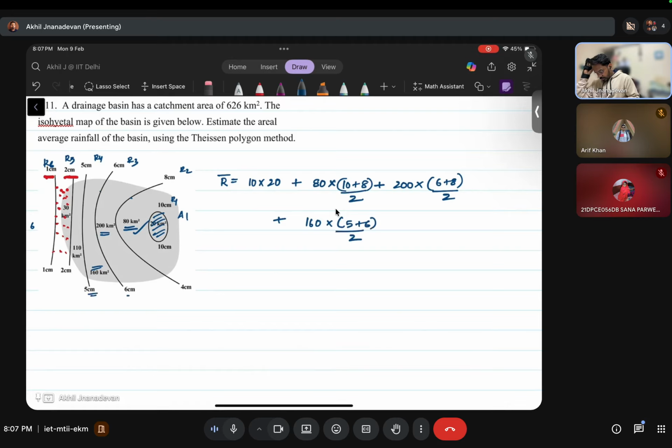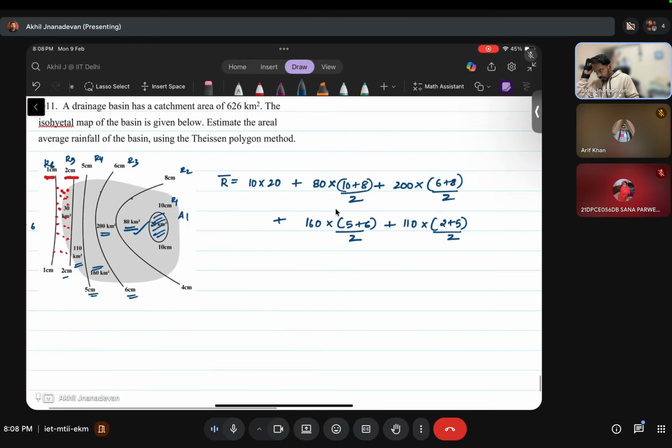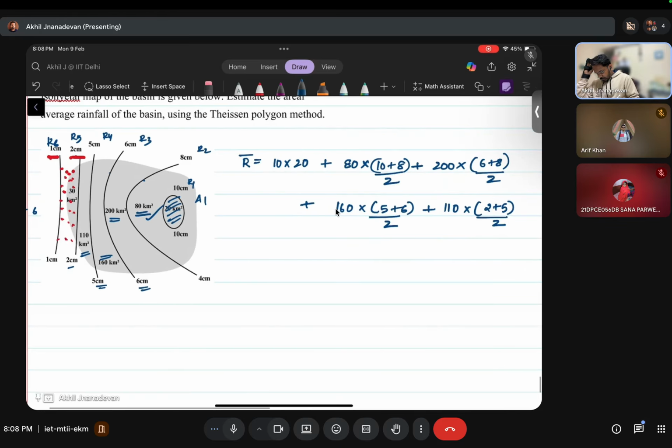These are the enclosing values. Next is 110, 110 into the enclosing ones, 2 and 5, so 2 plus 5 by 2. And finally, the last one is 30, so 30 into 1 and 2, 1 plus 2 by 2.